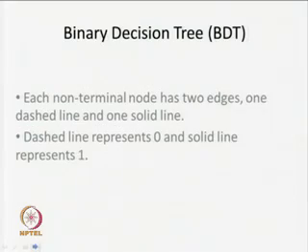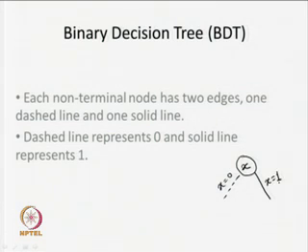Now, in BDDs or BDT, the non-terminal nodes are having two edges. Okay. So, if this is a non-terminal node x, it is having two edges. One edge will be represented by a dashed line, and the second one will be represented by a solid line. The dashed line says that this is representing the valuation of x equal to 0, and the solid line says that this is the valuation of x equal to 1.